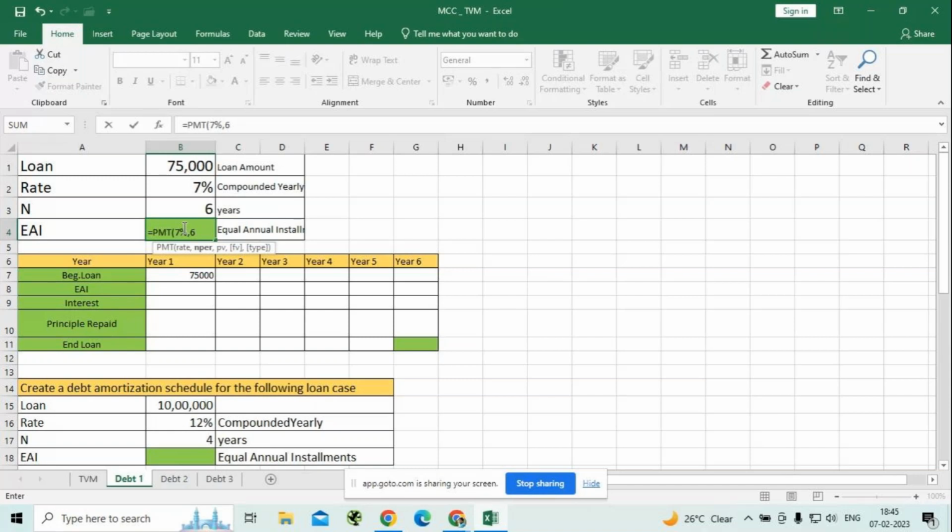Then what is the present value? PV stands for present value. 75,000. You can give it here as minus 75,000.